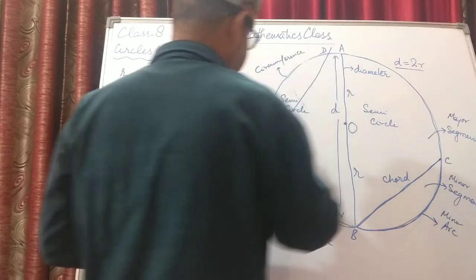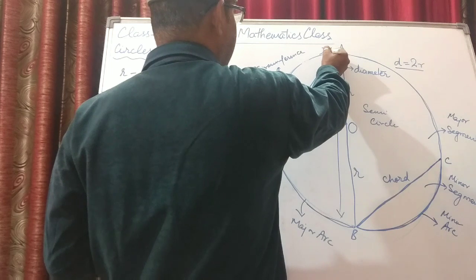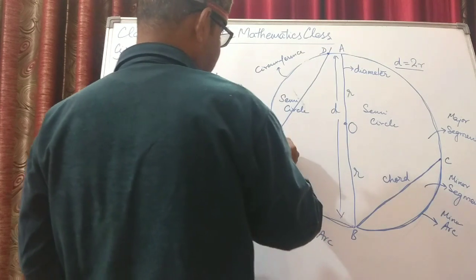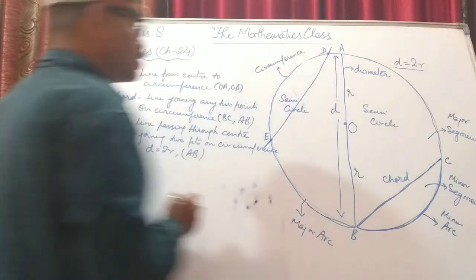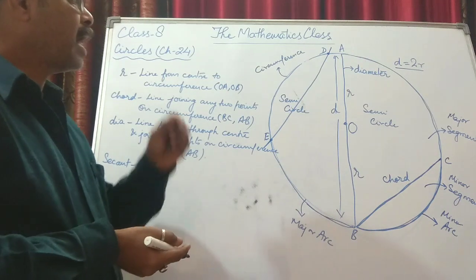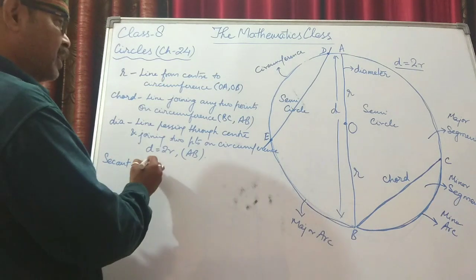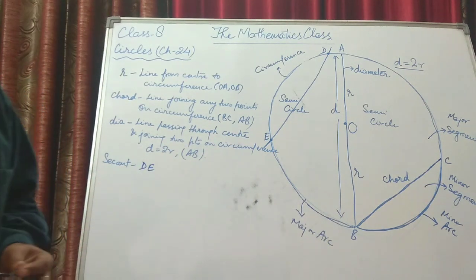This is a line which intersects the circle at 2 points D and E, and at the same time it is out of the circle also. So this type of line is known as secant. Secant is a line which intersects the circle at 2 points. So here DE is the secant.